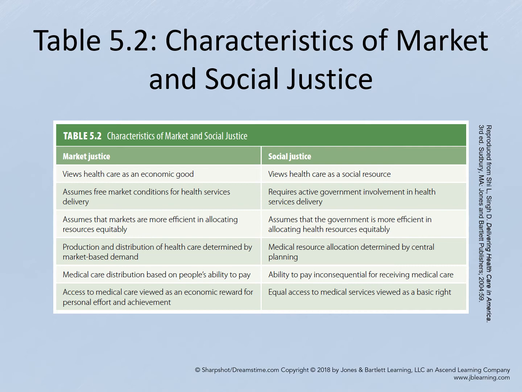In market justice, access to medical care is viewed as an economic reward for personal effort and achievement. Social justice believes that everyone should have equal access to medical services, and it is viewed as a basic right. Now let's look at the implications of market and social justice.